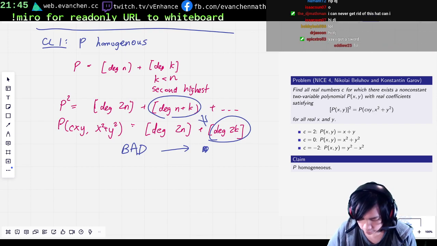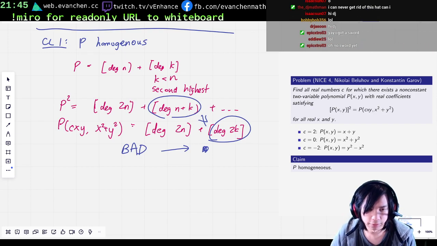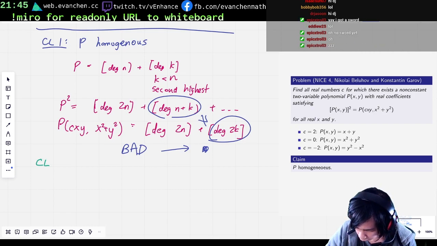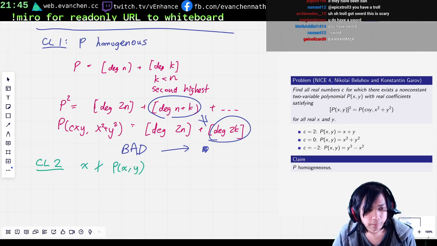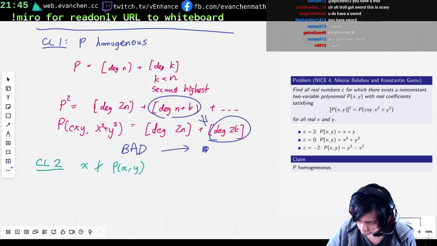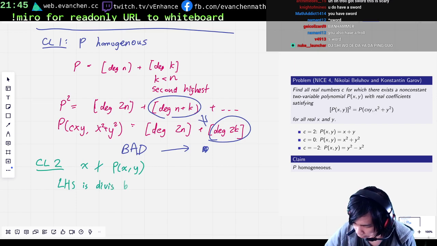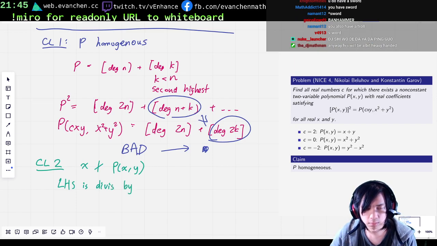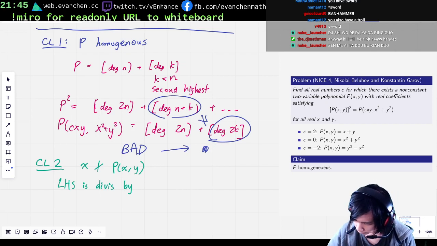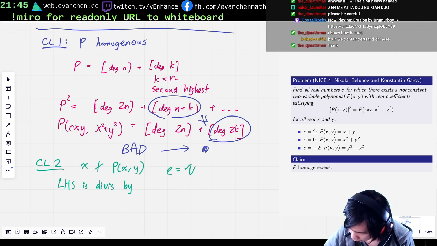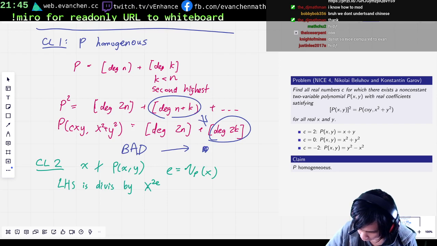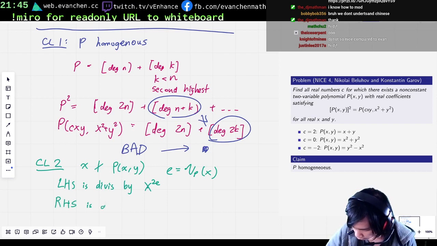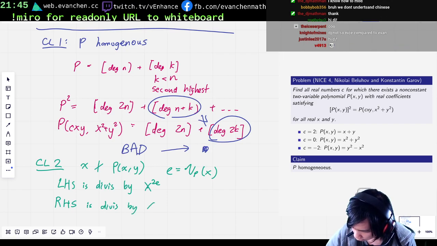So, to make our lives a little easier, we are going to make it a one-variable polynomial. So I'm going to say x doesn't divide P of x, y. Because if it did, and e is the power of x in P, then the left-hand side is divisible by x to the 2e, whereas the right-hand side is divisible by x to the e exactly.